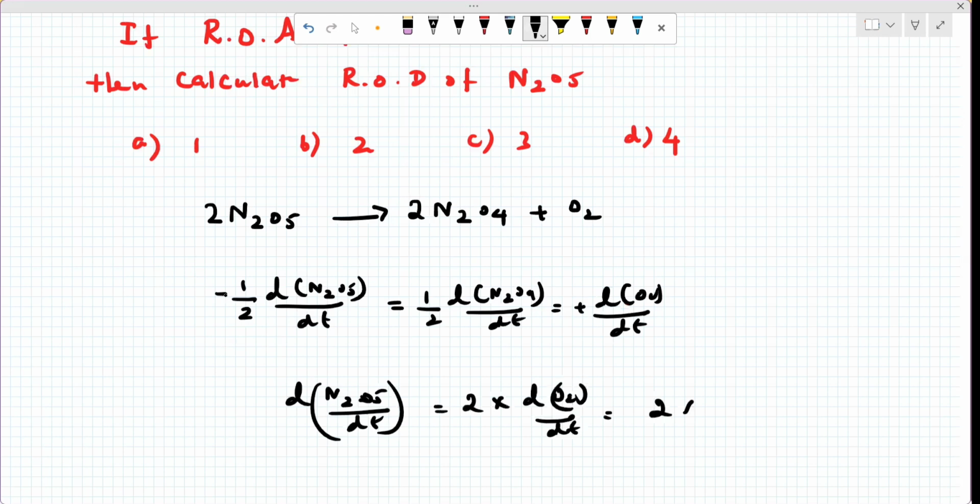The rate of appearance of O2 is 0.5, so the answer is 1. Option A is correct. It's a very basic question. Please note. Please write.